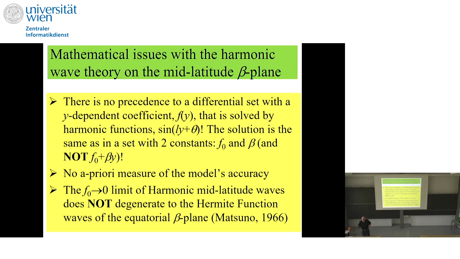And this is baffling. Why do the mid-latitude solutions diverge from the equatorial solutions? And the equatorial solutions were done in 1966, so it's not something that we learned about three years ago. They have been here for over 50 years, close to 60 years, and they are perhaps the cornerstone of tropical dynamics, these solutions by Matsuno from 1966.